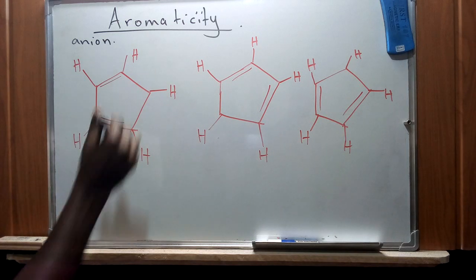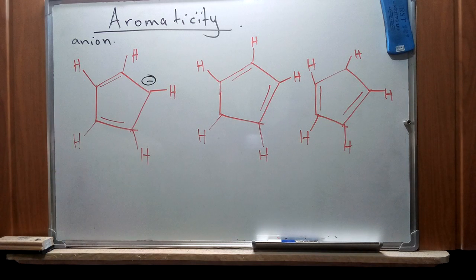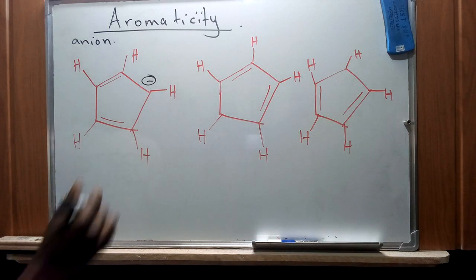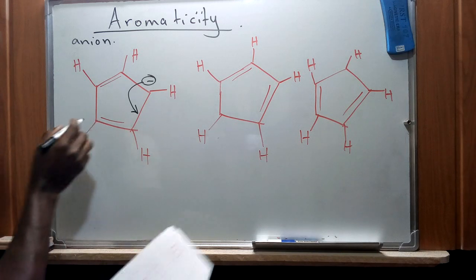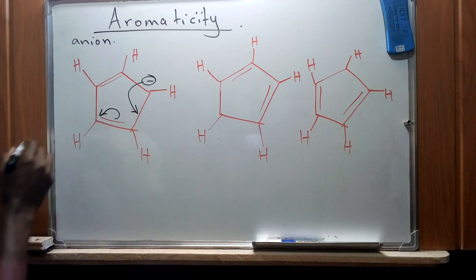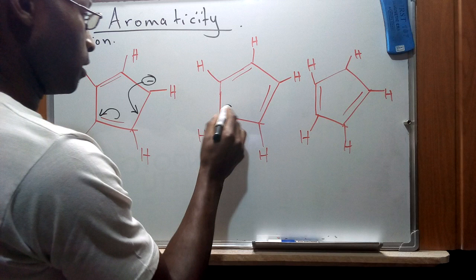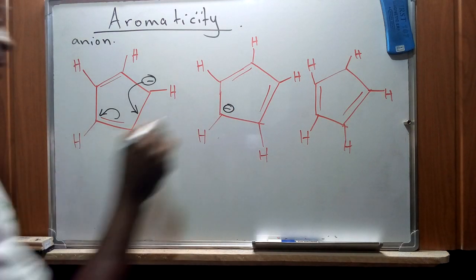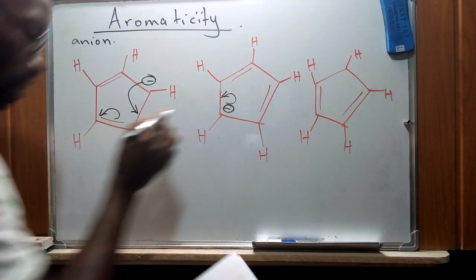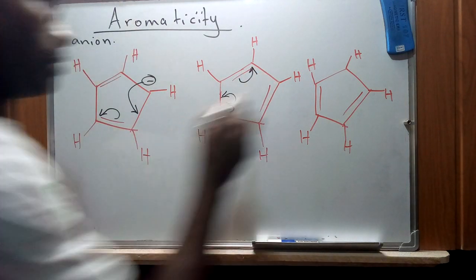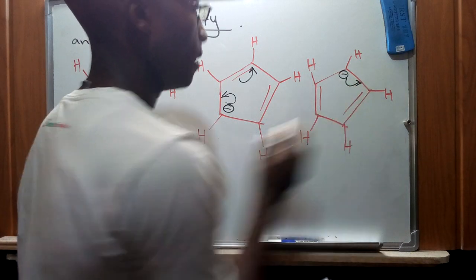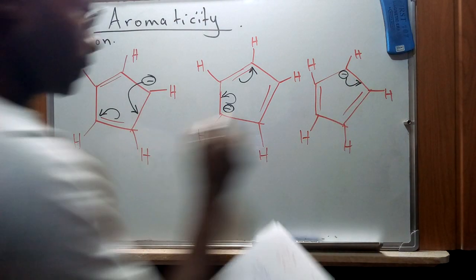In this case, as we can see from the structure, there's a negative charge at that particular point. Let's try to see the resonance for that one. The lone pair can move there, and then this double bond can move to this point, and we're going to have the negative charge there, and then we shall have that double bond moving to this point, and then we shall have a negative charge here.